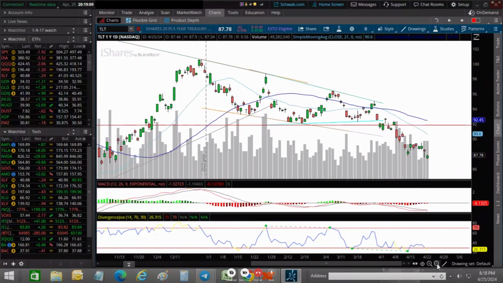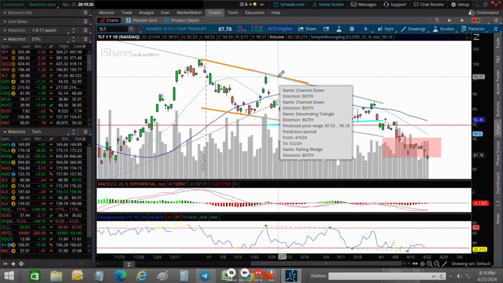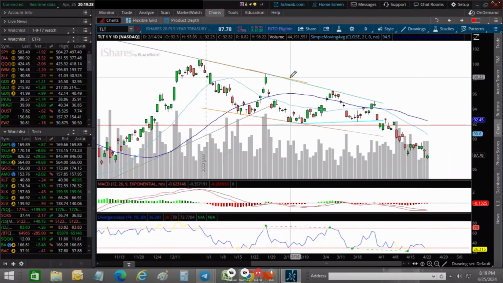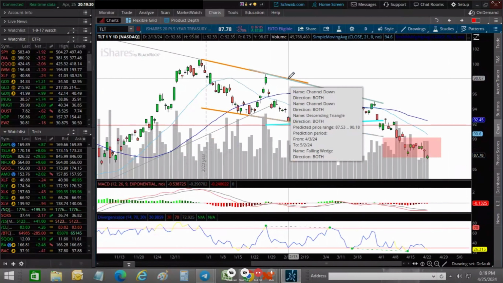So the cool thing about Thinkorswim is on the patterns, it says show patterns, so it automatically draws these lines. Some of them I'll draw, but some of them it automatically draws, like these trend lines. You see how it shows up with a red square? That red square is like the price target. So it'll tell you there's a price target, with a predicted period.